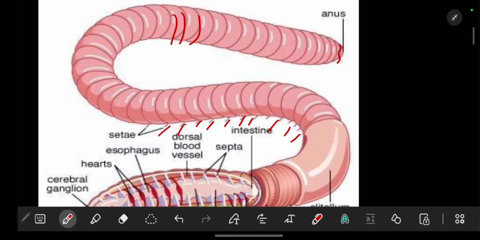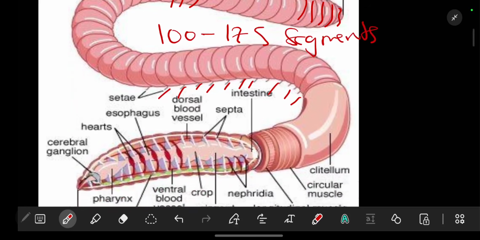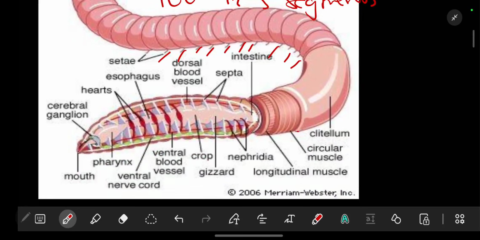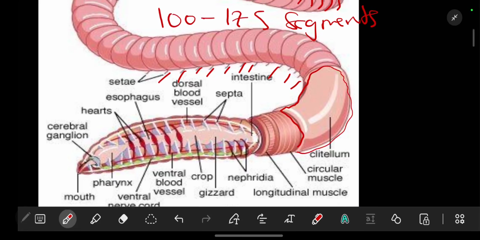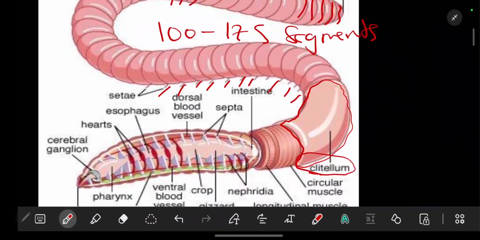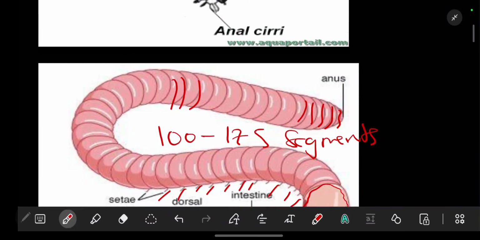The number of segments: these are the segments, and they have about 100 to 175 segments. This structure is the sexual part of the earthworm, which is the Oligochaeta. We have the clitellum. The clitellum is the sexual part of the earthworm. So we have 100 to 175 segments like that.